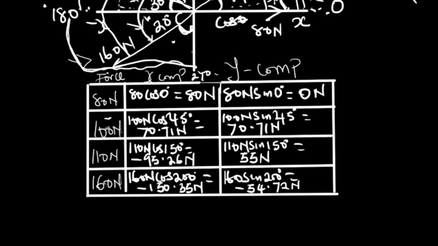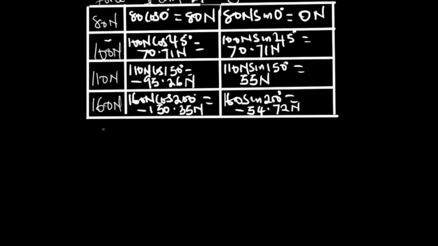Okay, now let's go ahead and add them. You need to understand that all these forces, all these vectors, give you a resultant vector. That's one thing that you need to know. So we have our Rx. This Rx means the component of the resultant vector in the x direction.